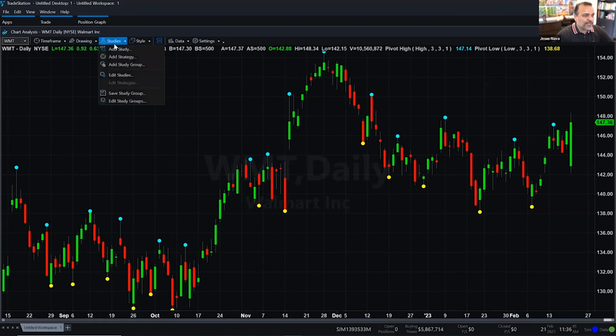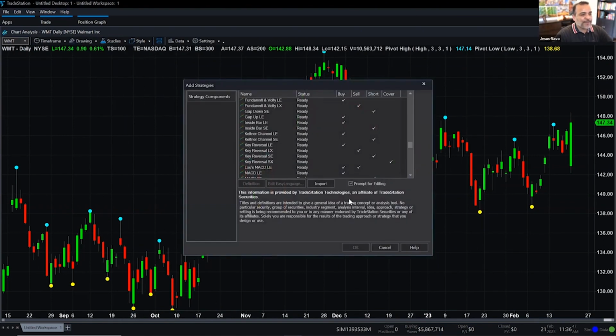In strategies, do we have a pivot strategy? Let me go ahead and take a look. Studies, add strategies. Let me go here to the P's. We have a pivot extension and we have a pivot reversal. So let's go ahead and take a look at pivot extensions. And again, a lot of these elements or components that are part of the strategy list are defined or explained in the definition button.